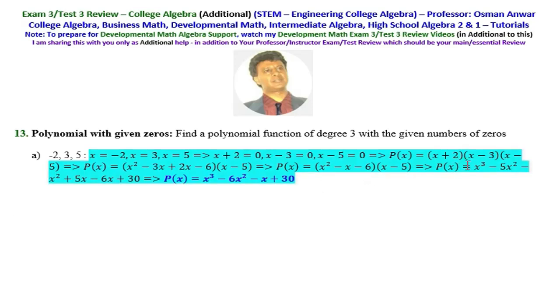That means p of x is equal to x cubed minus 5x squared minus x squared plus 5x minus 6x plus 30. And that is p of x is x cubed minus 6x squared minus x plus 30.